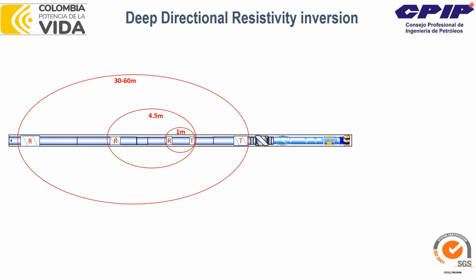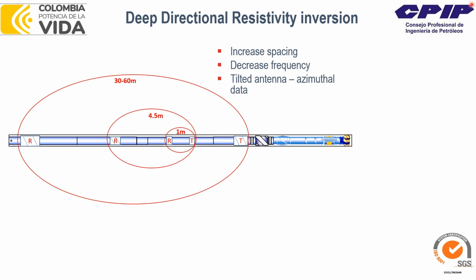To get this result, you need to increase spacing between transmitter and receiver. You need to decrease frequency. By the way, the frequency of ultra deep resistivity tools can be as low as 2 kilohertz, for example. If you remember, the first generation has 100 kilohertz, and now they're going even lower, like 2 kilohertz, which makes the electromagnetic wave travel into the formation even longer.